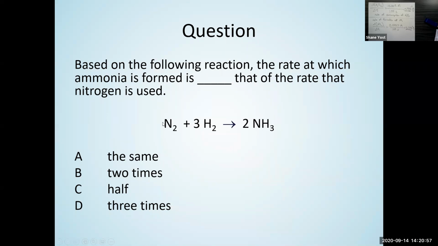If I lose one N2, I have to form 2 NH3. So the rate of formation of NH3 is 2 times the rate of consumption of N2 here. So it is B, 2 times.